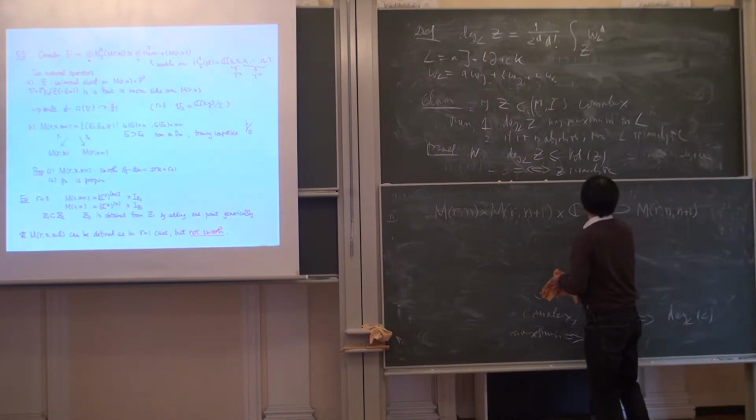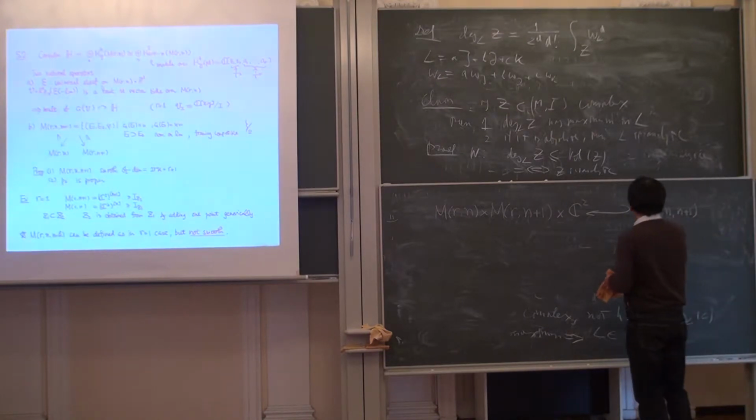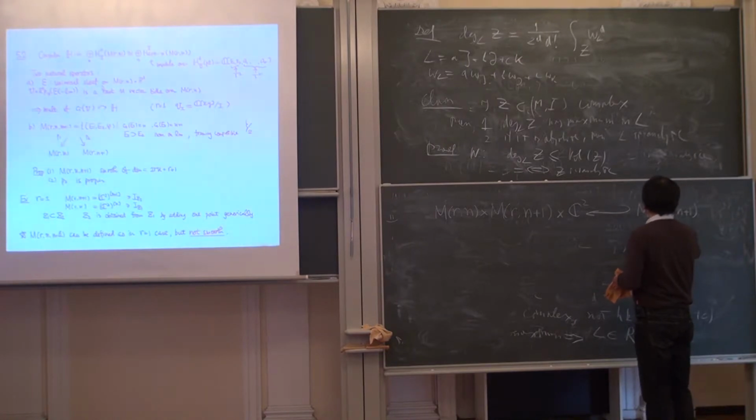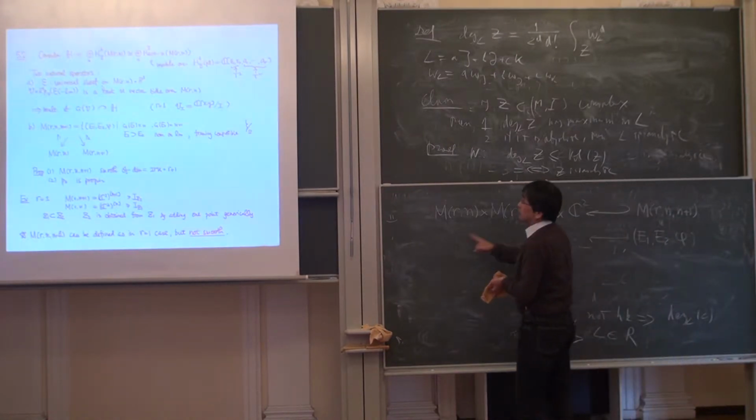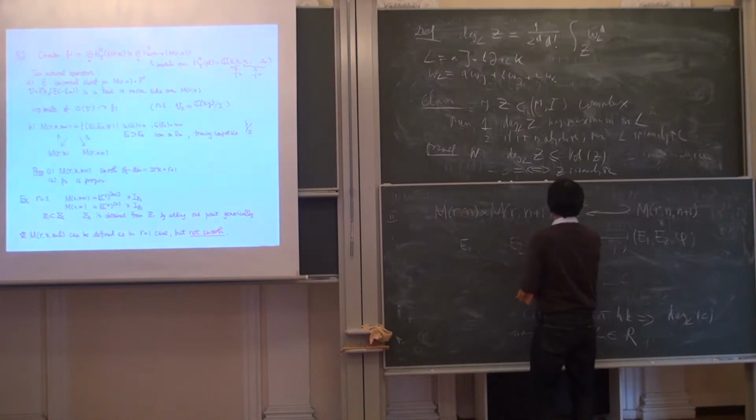In fact, this is a subvariety in the triple product, because if you have E1 included in E2, then the first and second factors are just E1 and E2, and the third factor is just E2 divided by E1, or the opposite, E1 divided by E2.